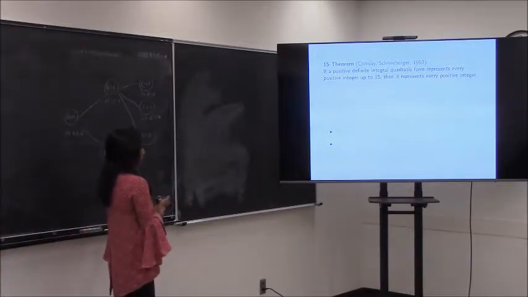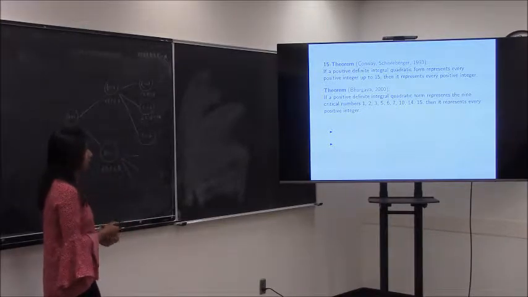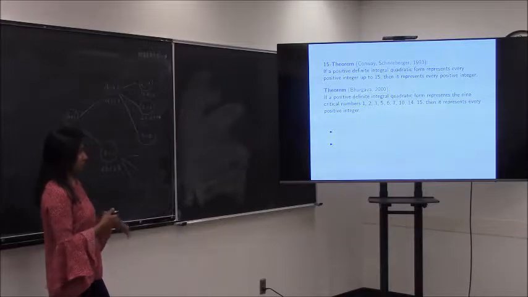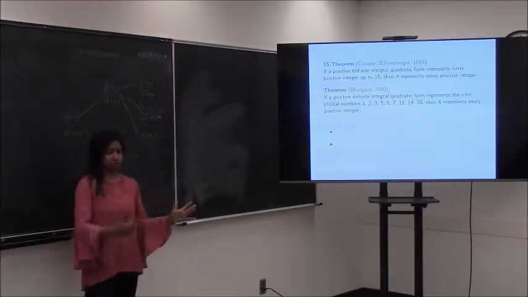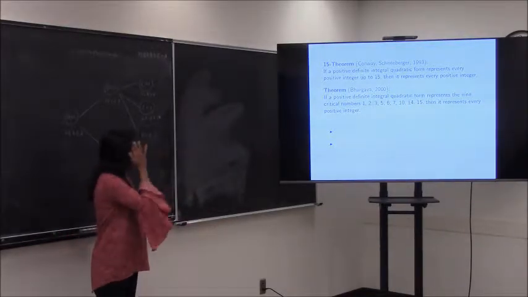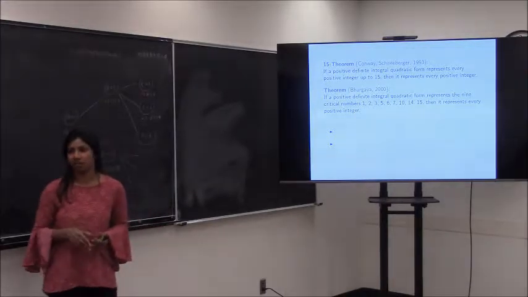Later, Bhargava in 2000 also gave a refinement to this 15 theorem, and he proved that you don't have to check the 15 numbers, just 9 numbers is enough. So all you have to check is whether this form represents 1, 2, 3, 5, 6, 7, 10, 14 and 15 only.